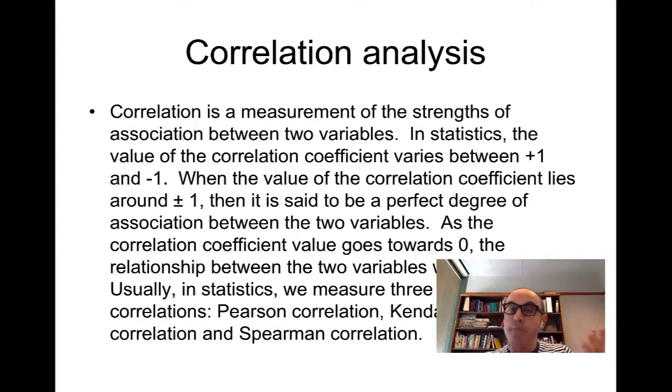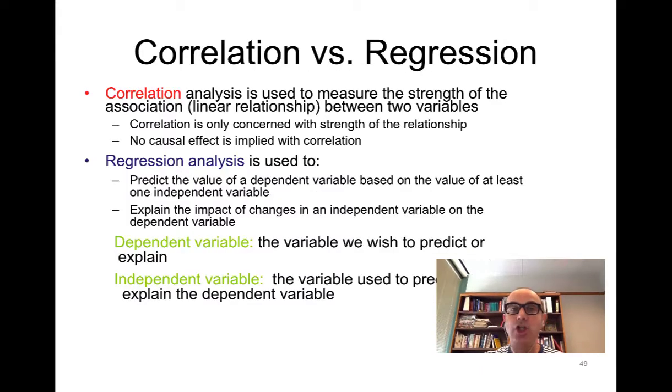A positive +1 shows strong correlation between the two variables, and a negative correlation is -1. In that type of analysis, we have three types of correlation: Pearson, Kendall, and Spearman. I call it Superman. I like that idea.